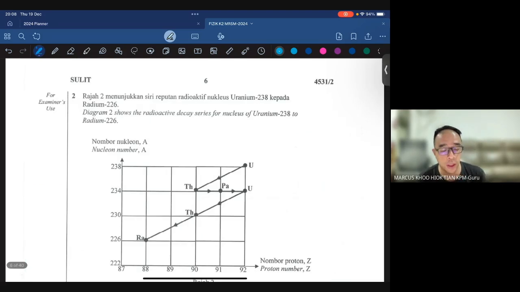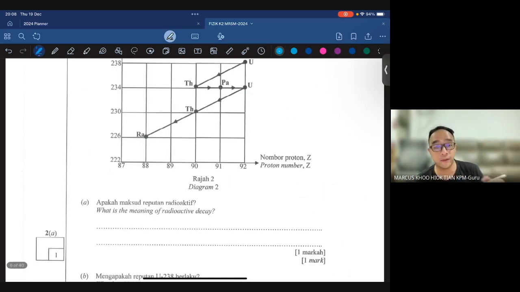Number 2, radioactive decay series, for the nucleus of uranium-238 to radium-226. The first question, I suppose, is radioactive decay. What is the meaning of radioactive decay?